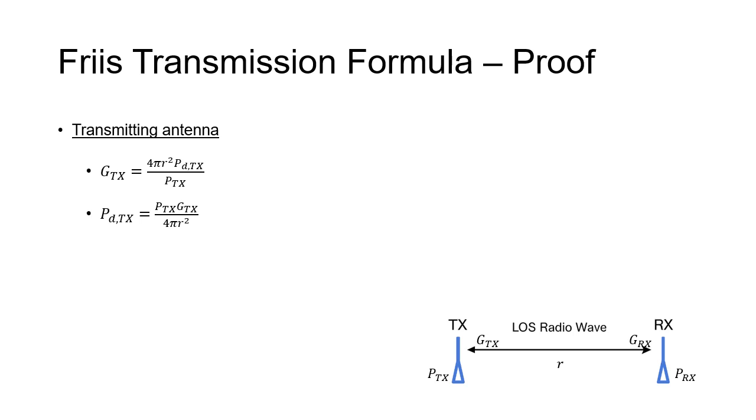Before concluding this video, let's prove the Friis transmission formula. In order to calculate the received power at a receiver, we need to know two things: one is the power density from the transmitter, and the second is the aperture area of the receiver, because the power received is just the power density at the receiver terminal multiplied by the effective aperture area of the receiver.